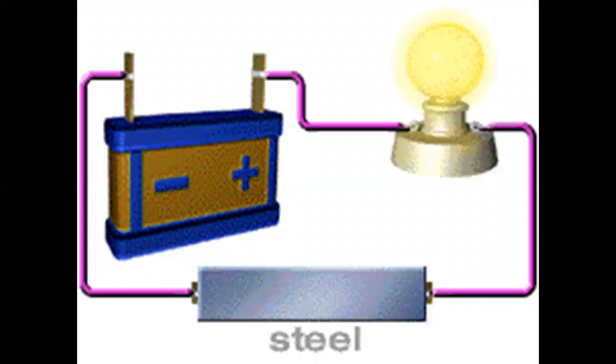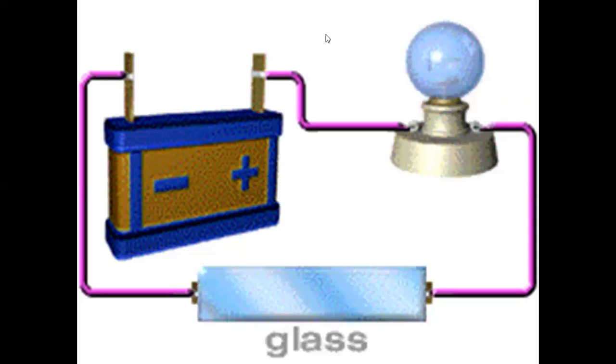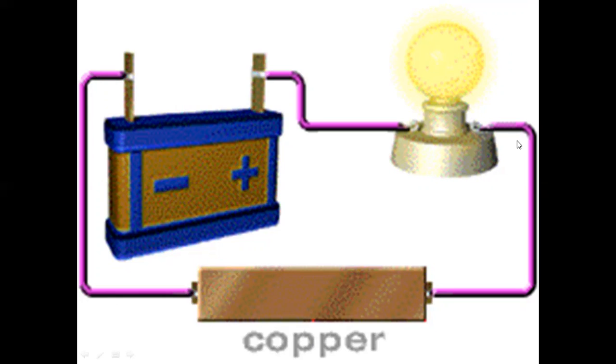And now I show you the definition of conductor, non-conductor, and semiconductor. In these pictures, you see that there is a battery, and we know that any kind of bulb has two ends, and one end is directly connected to the positive charge, and another end is connected with a wire.